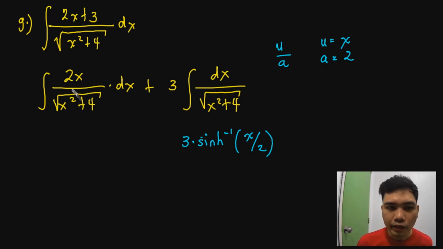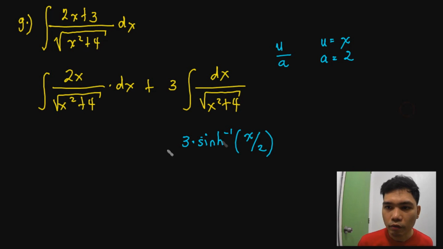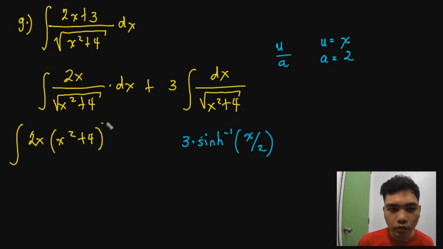Now how about this first term? If we look closely here, we can rewrite this as 2x times x squared plus 4 raised to negative 1/2 dx.